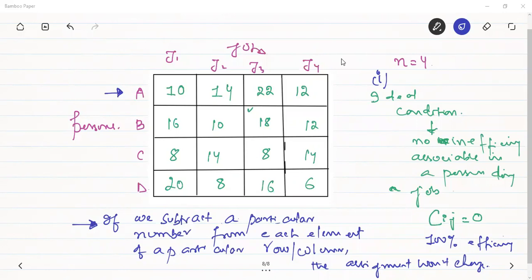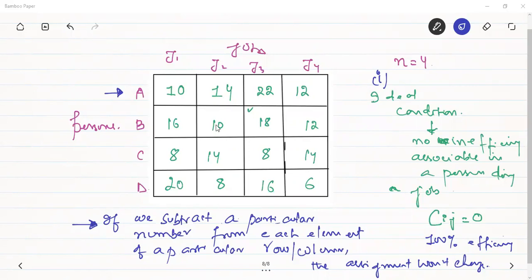Okay, Cij is 0, but we don't have Cij is equal to 0, but we would like to create a Cij is equal to 0. How to create that Cij is equal to 0? For that we can use a different logic, that if we subtract a particular number from each element of a particular row or column, the assignment won't change. तो चलो अभी what does this mean?